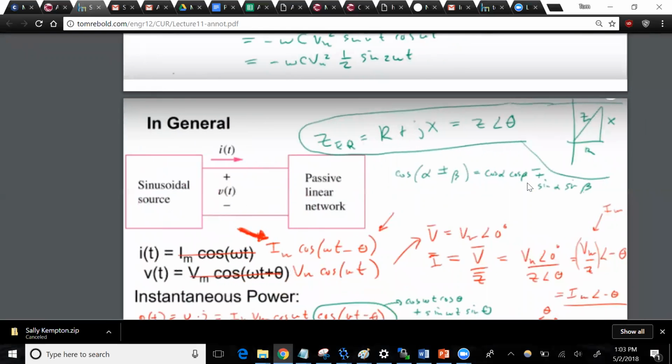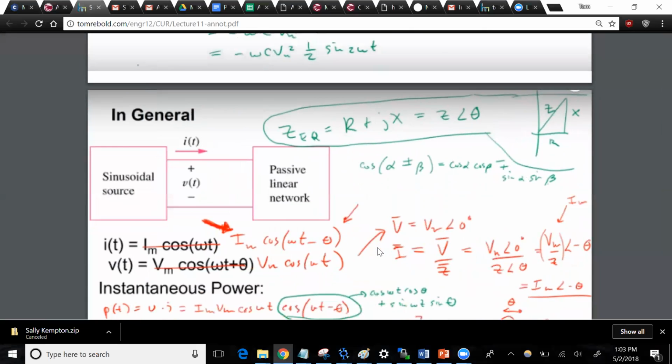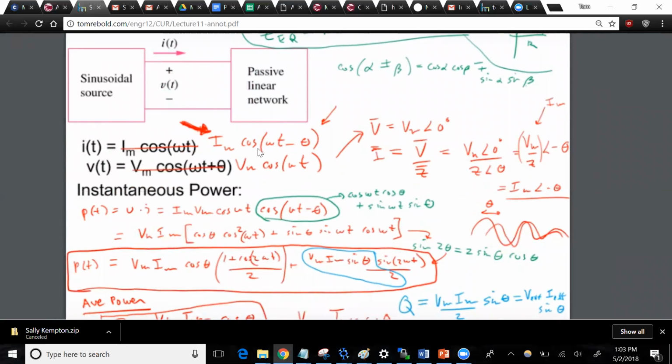You can express it in polar form, Z angle theta, or R plus jX. And if you know the current is a phasor and the voltage is a phasor, the voltage is like Vm angle 0, and the current is Im angle minus theta.